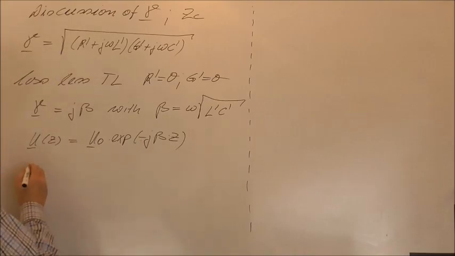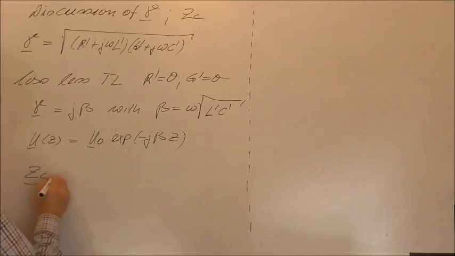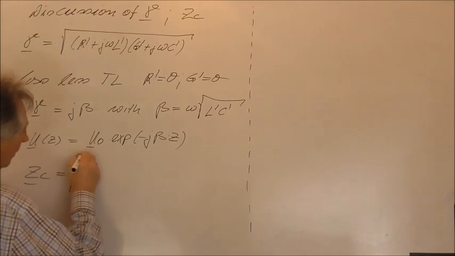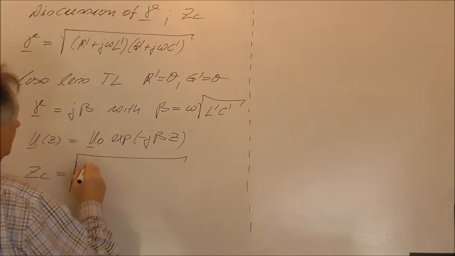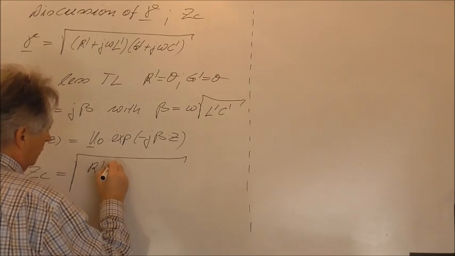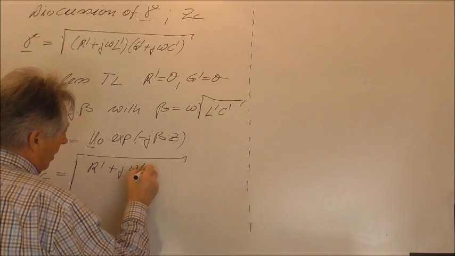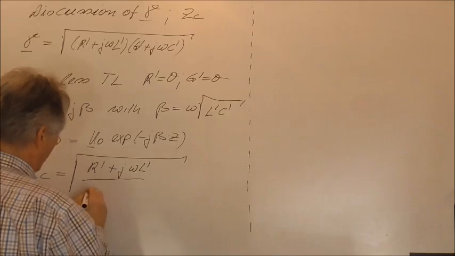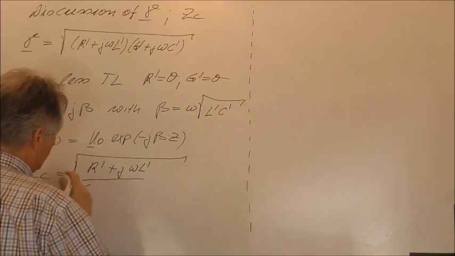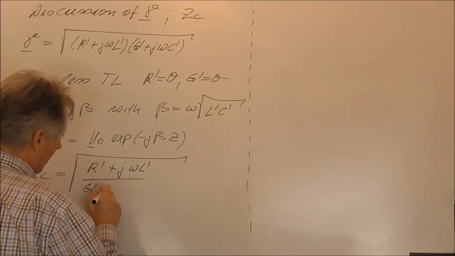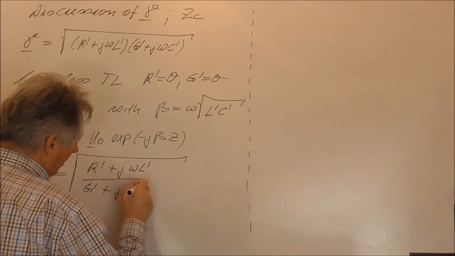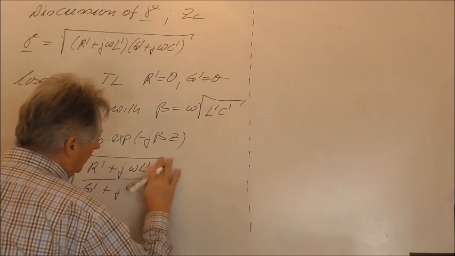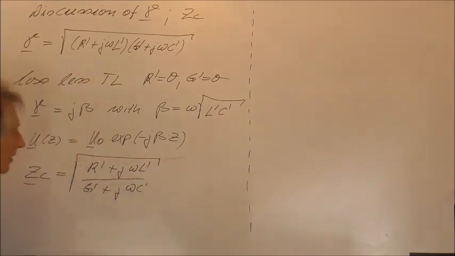When we remember the characteristic impedance, we saw that it is given by the square root of (R' plus j omega L') divided by (G' plus j omega C').